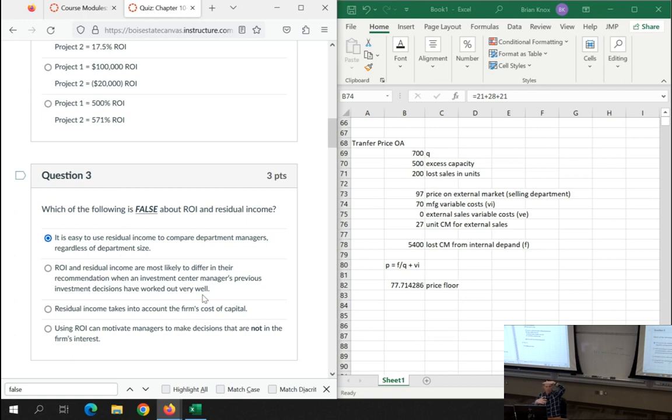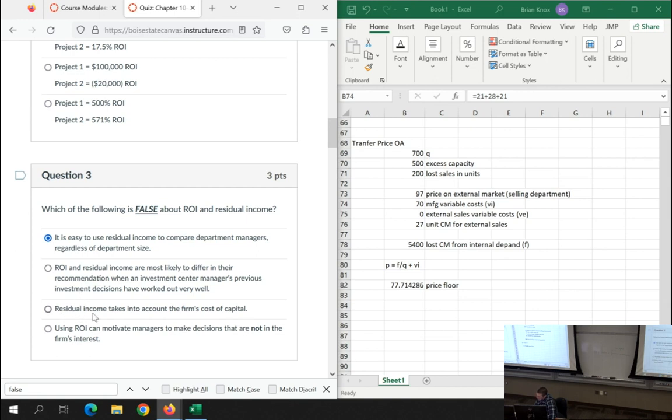And that's more and more likely that you're going to get an ROI recommendation which says no, reject projects that are in this donut hole here. Whereas residual income will say no, accept everything above the cost of capital. So the answer is yes, they're most likely to differ. And so this statement is true, which means it's not the right answer for the question, which asks which one's false. Okay, so B is eliminated.